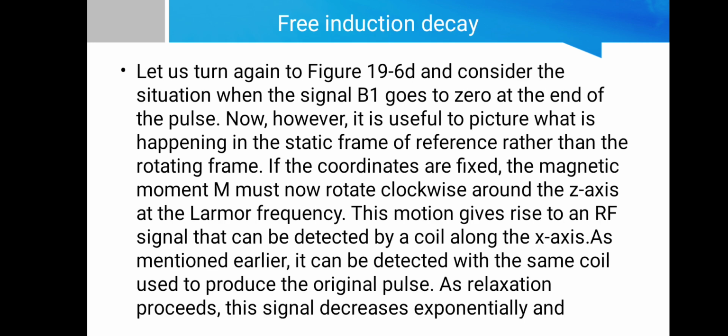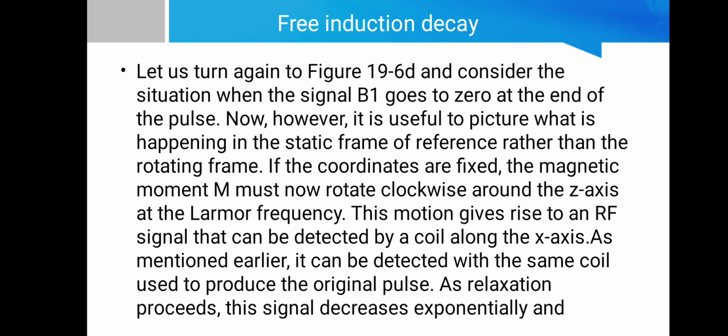Free induction decay. Let us turn again to figure 19.6 and consider the situation when the signal B1 goes to 0 at the end of the pulse. Now, however, it is useful to picture what is happening in the static frame of reference rather than the rotating frame. If the coordinates are fixed, the magnetic moment M must now rotate clockwise around the z-axis at the Larmor frequency.